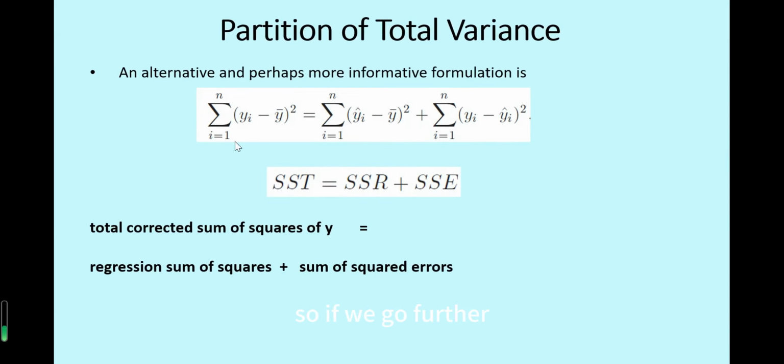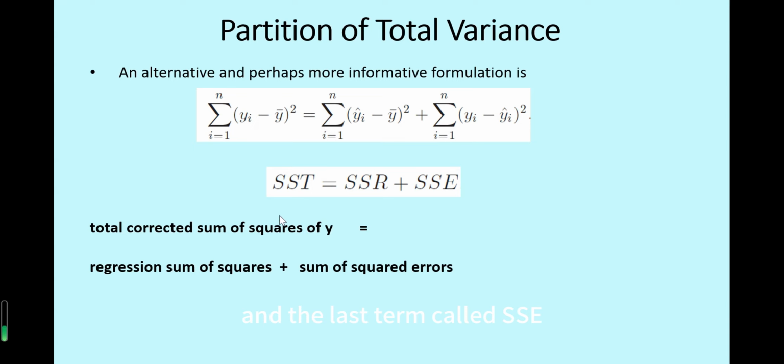If we go further, we can write it in this form. SST is the total variance of y against its mean, squared and summed. SSR, called the regression sum of squares, is the fitted line minus the y mean, squared and summed.